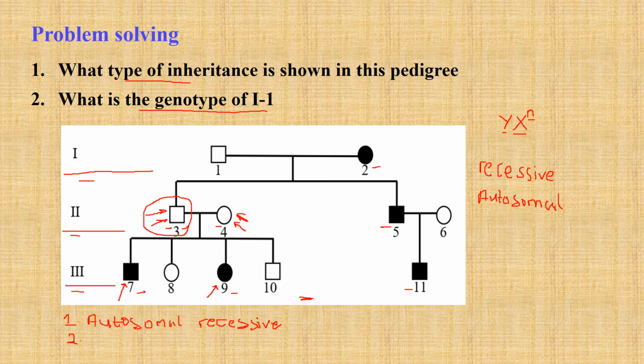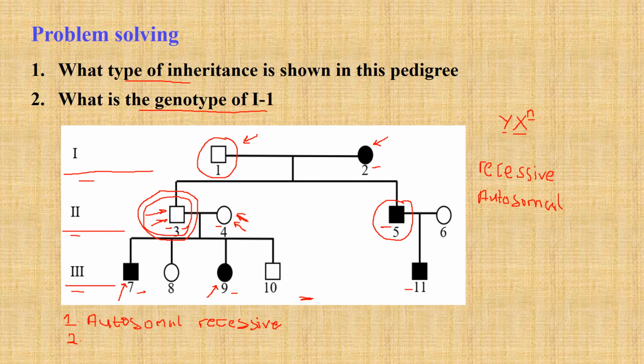So what is the genotype of Romans 1:1? What is the genotype of this individual? We have seen that a cross between this man here, Romans 1:1, and this woman, Romans 1:2, gives us an offspring that is sick, a normal offspring here, and an individual that is normal.